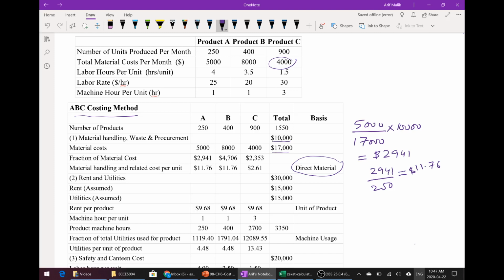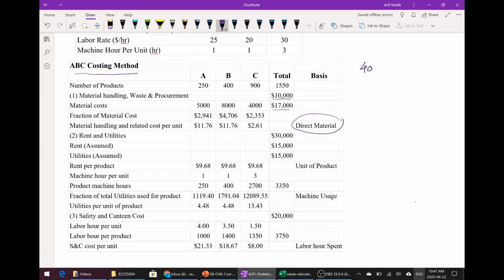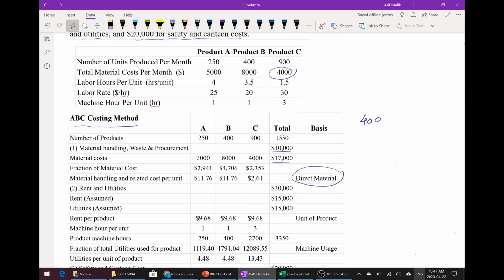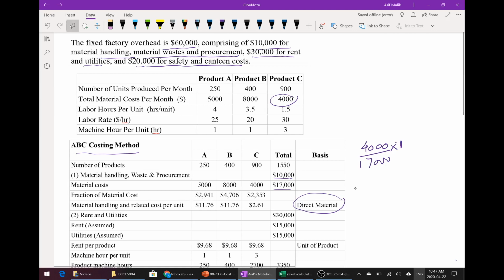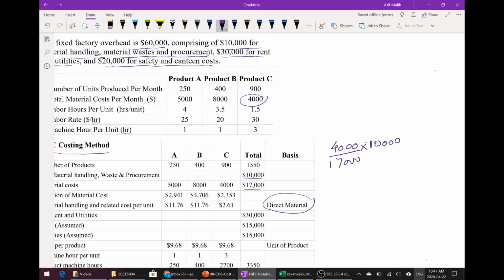Similarly, we can do the same method for product B or product C. Just for example, let's look at product C. The material cost is $4,000 divided by 17,000, multiplied by 10,000, and what we get is $2,353.